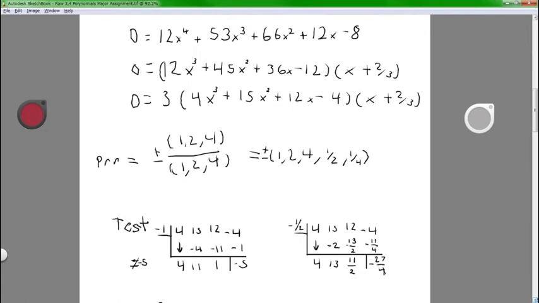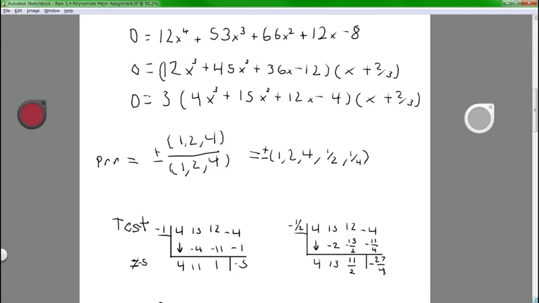Along with that remainder of 0, you get a quotient of 12x cubed plus 45x squared plus 36x minus 12 times the factor of x plus 2/3. I noticed that I could actually factor out a 3 from that whole thing, make my life easier, and so I did. That left me with 4x cubed plus 15x squared plus 12x minus 4 times x plus 2/3.